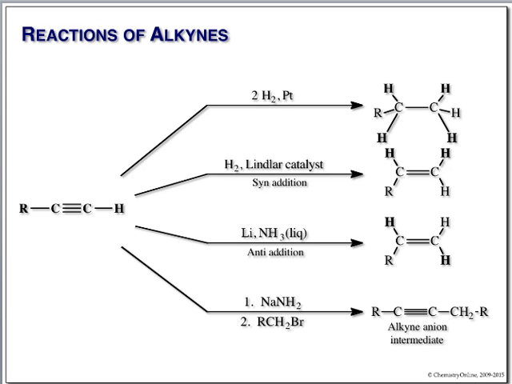We can do dissolving metal reduction and actually wind up with a trans alkene. And finally, this is an SN2 reaction. SN2 reactions are covered, I think, in chapter 11, but it's a very simple one here. All we're going to do is form the alkyne anion and do a nucleophilic displacement.